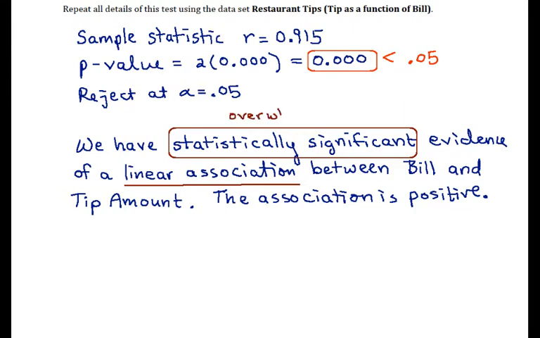If we were just interested in describing the strength of our evidence and not really able to make a formal statistical decision, we can also indicate at what commonly used values of alpha we would still reject the null. And in this case, we would still reject even at alpha equals 0.01, the smallest, very commonly used value of alpha. So we could indicate that as something to back up our statement of overwhelming evidence.